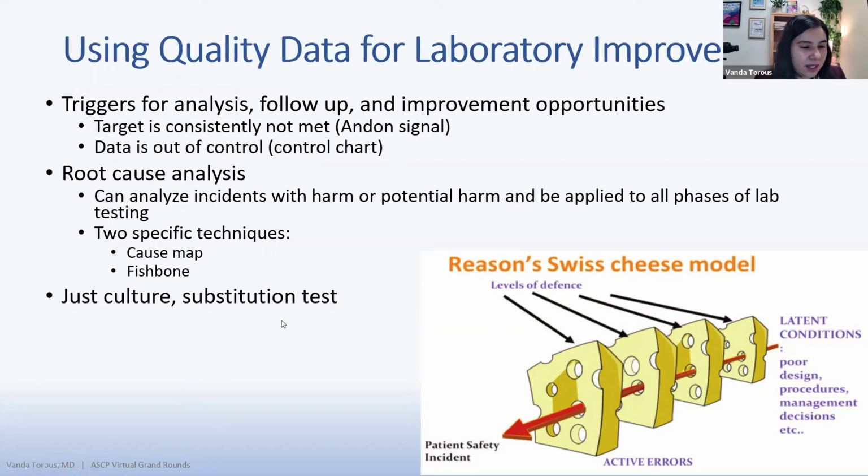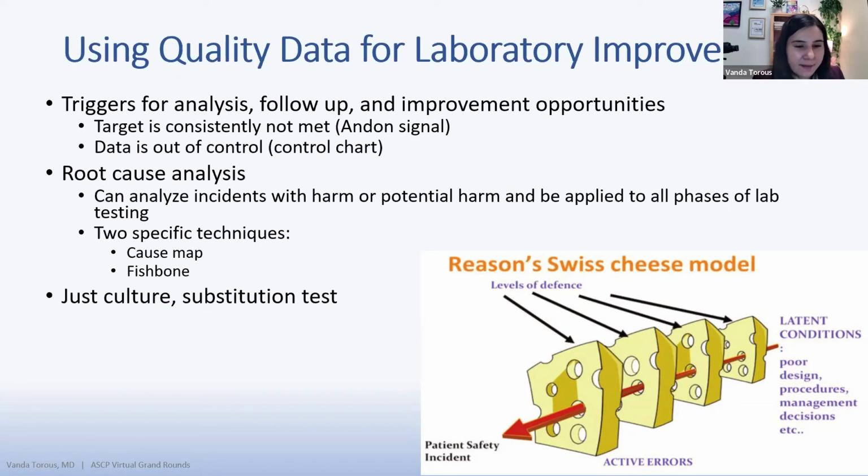But through using what we call the substitution test, if you put yourself in that person's shoes, with a similar background, under those same circumstances, if you can think of yourself having made that same mistake, then likely there are systems issues at play.